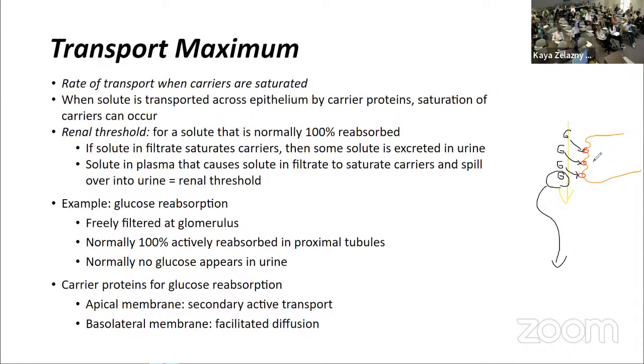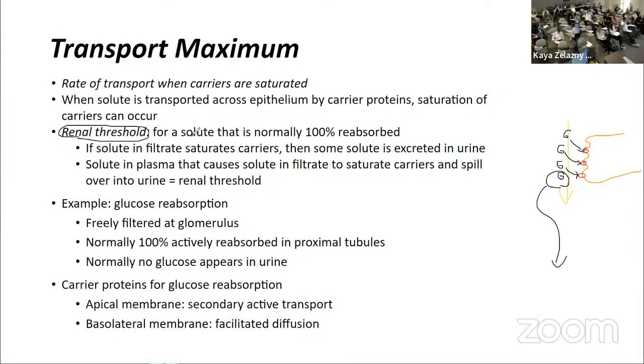So when a solute that should be transported across that epithelium saturates those carriers, that is our transport maximum, and we hit a renal threshold. The renal threshold is essentially a concentration of a solute that should normally be 100% absorbed, the concentration up to which you can actually absorb all of it.